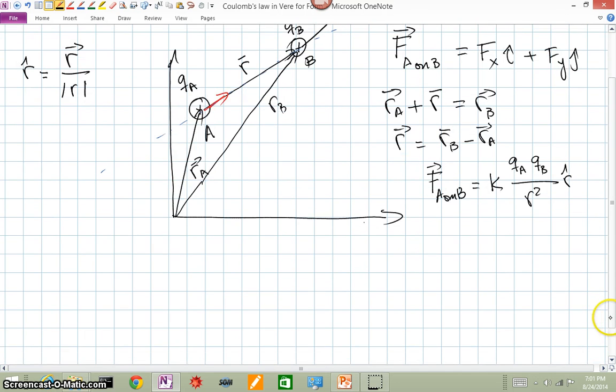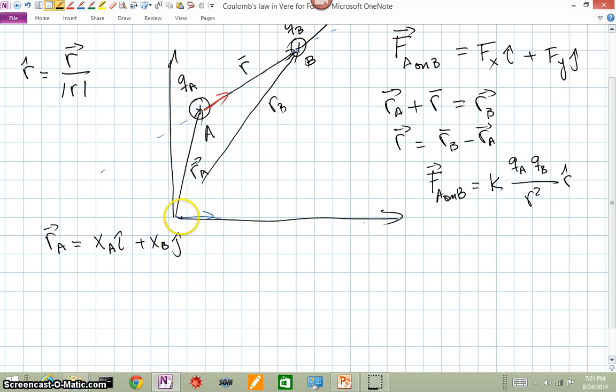Let's start by writing RA. RA is equal to XA in the i direction plus YA in the j direction. XA would be this vector here, and this other vector here is the other component.